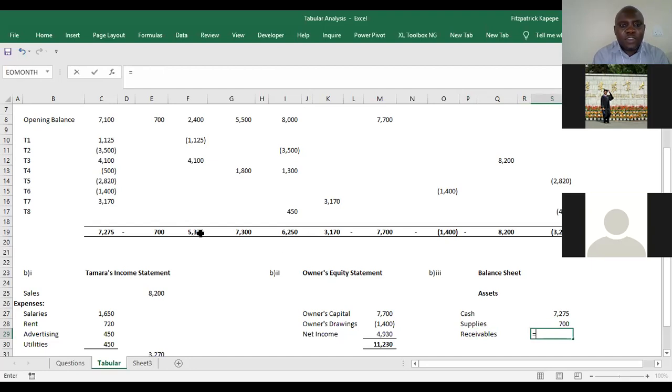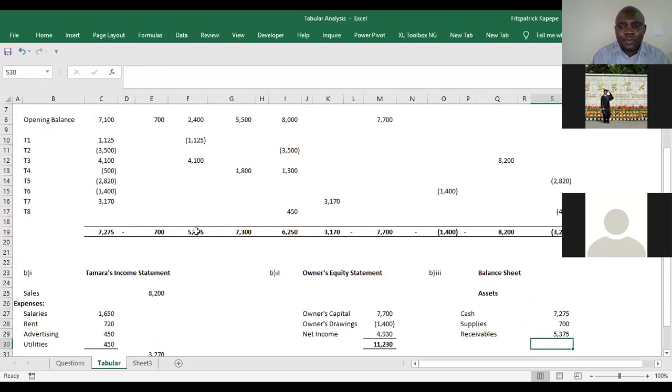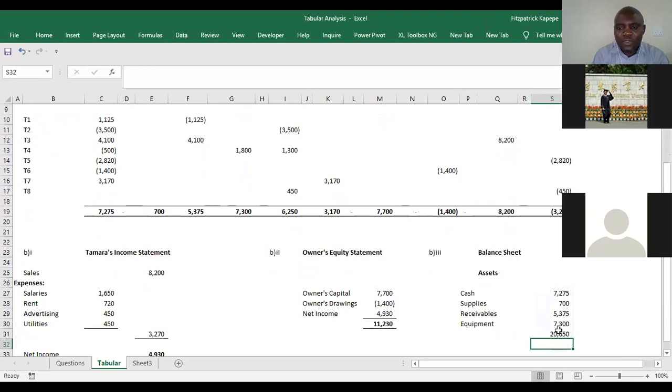Then you have other assets, the 7.3 equipment. So equipment, guys, was 7.3. We're almost there. So we're done with the assets. It just needs to balance.